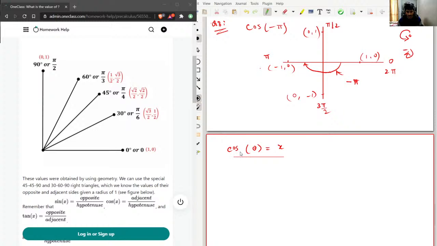Sine of theta is the y coordinate. So cosine is the x coordinate and sine is the y coordinate. I'll just write sine theta is nothing but the value of y coordinate, and tangent of theta is y over x.